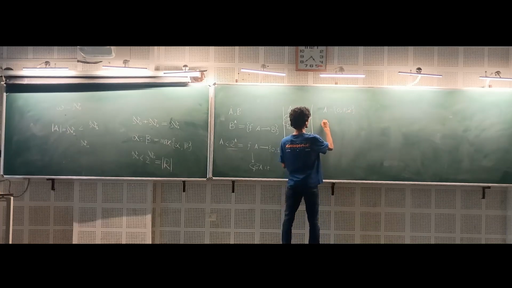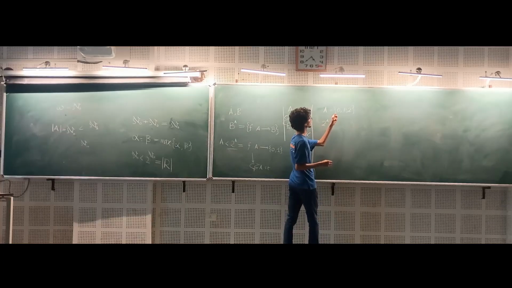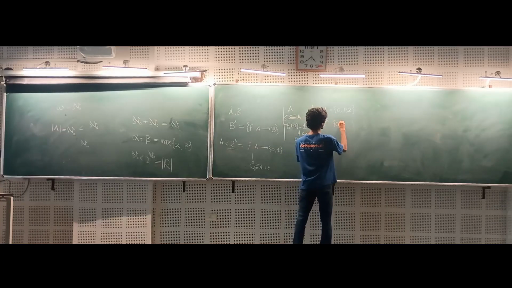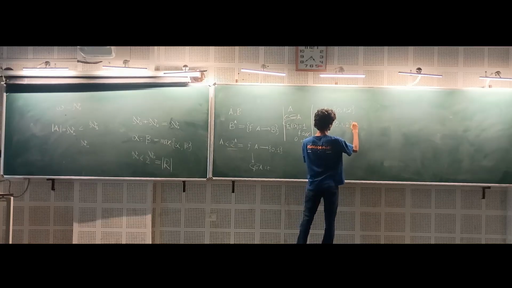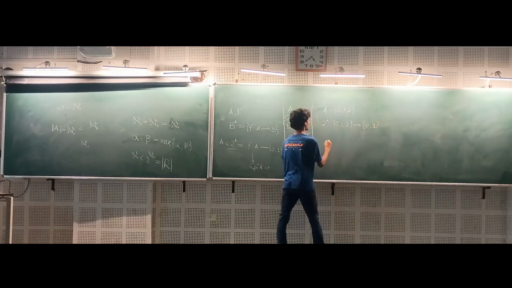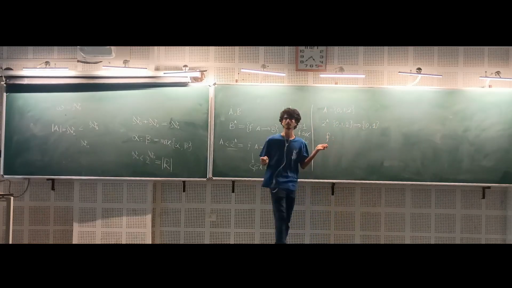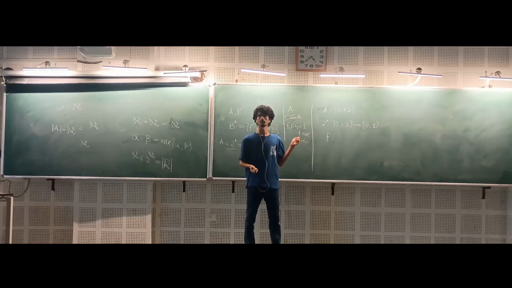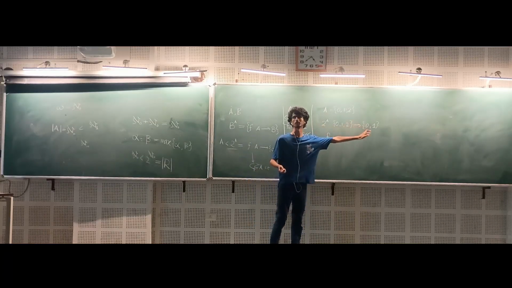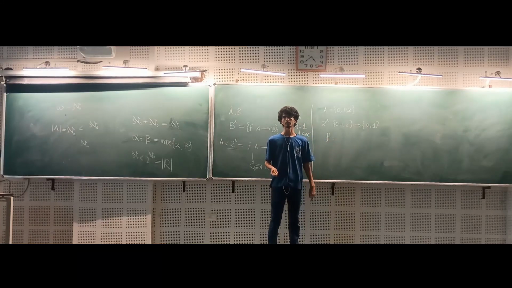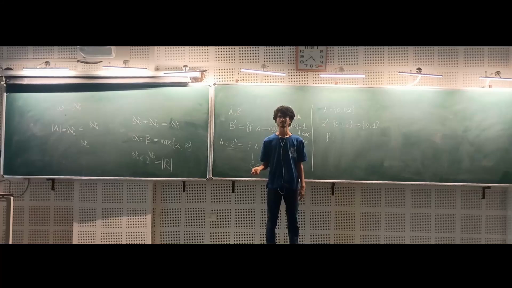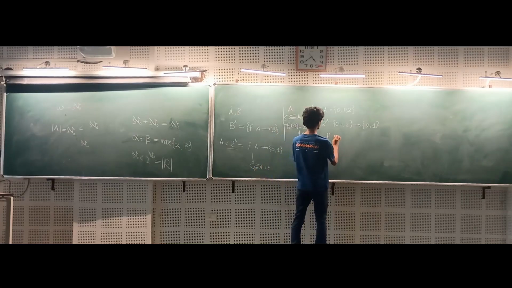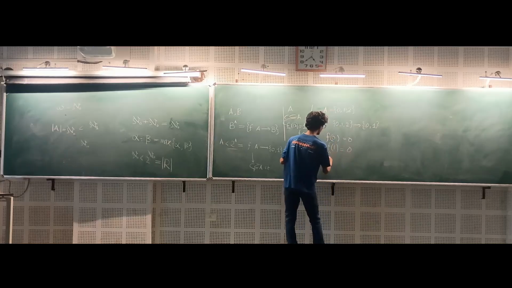So 2 power A is all functions from 0, 1, 2 to 0, 1. Can you describe any such function? Just any function will do. What should I put as f of 0, let's say? Sure. F of 1? Sure. F of 2? Okay.